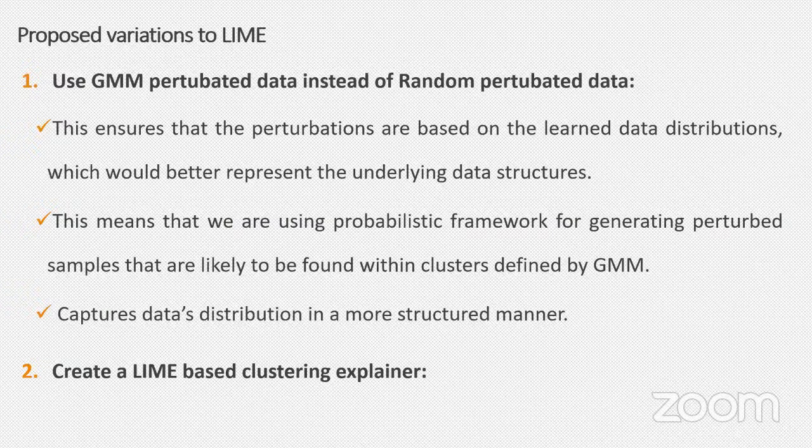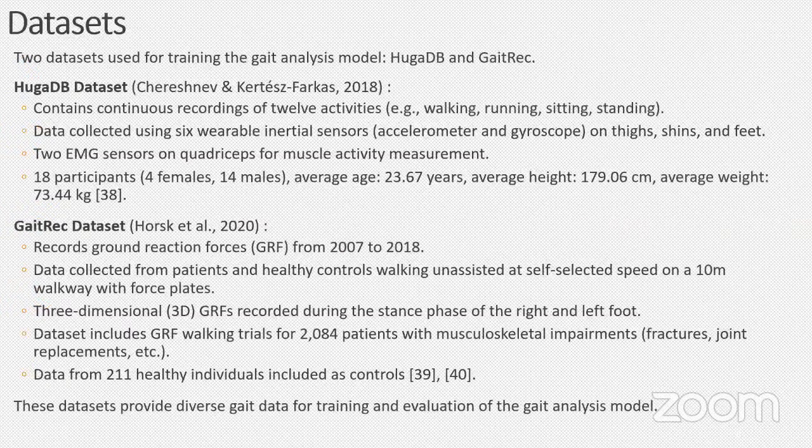The other thing we tried to do was to come up with a LIME-based clustering explainer that could be used to explain the clustering. The data sets we used for our study were two. The first data set is the UGAIT DB, and the other one is the Gateway data set.